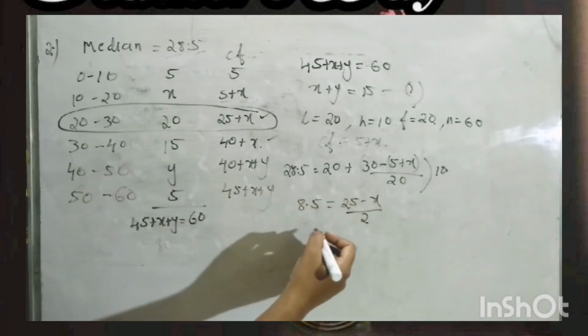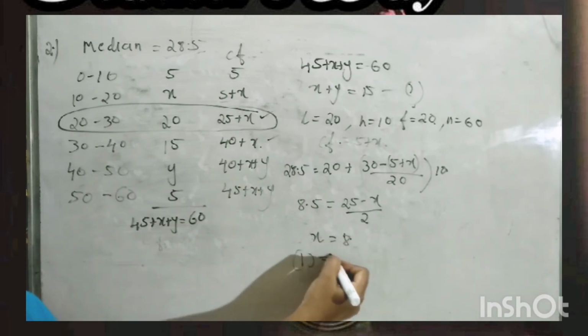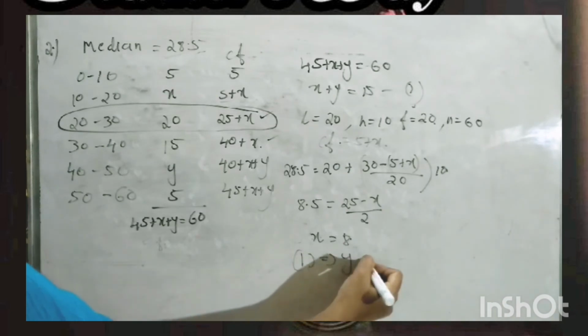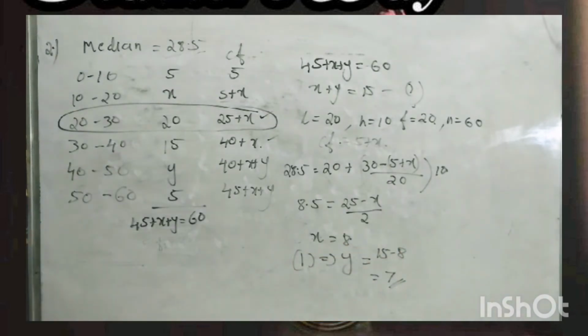By solving this, we get x is equal to 8. Now equation number 1 implies, put x equal to 8, so we get y equal to 15 minus 8, that is 7. So the values of x and y are 8 and 7.